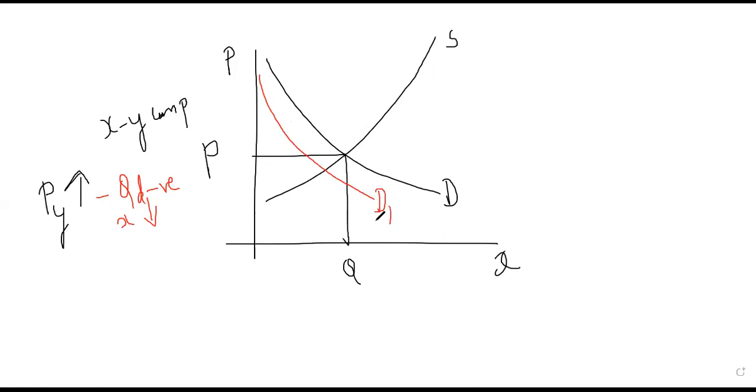Okay. How will the price of Y, the complementary good, influence the supply of X? Am I making it clear? See, the second half: price of Y increases. How will it influence the quantity supplied of X?